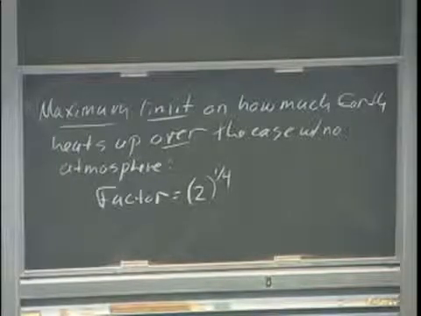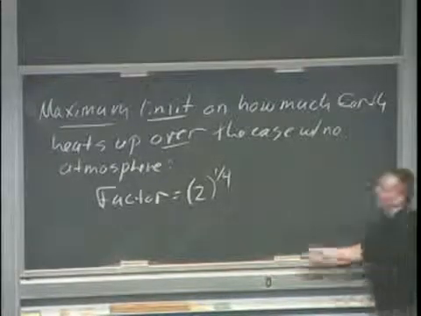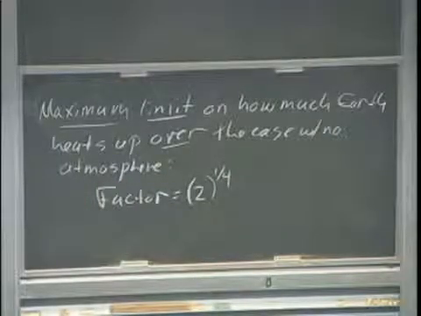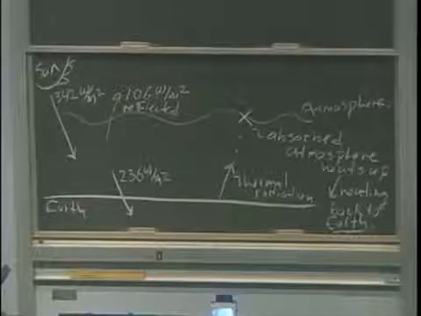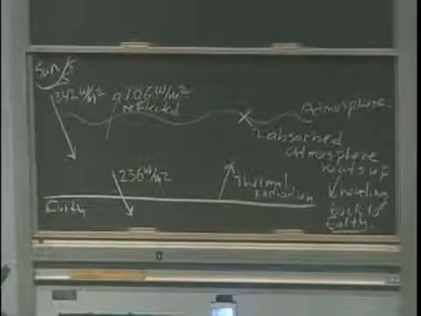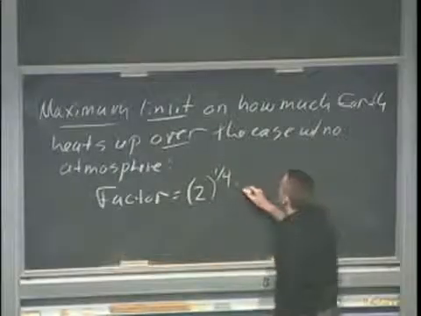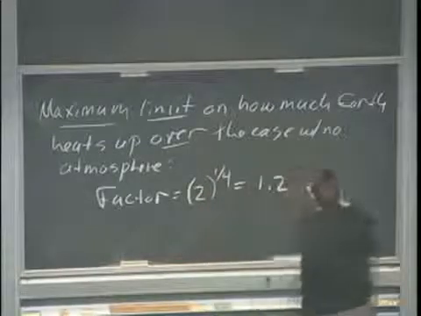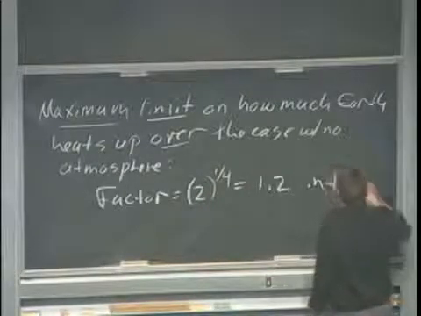Extremely simple prediction. That just comes from these temperatures, the radiation going as the temperature to the 4th power. So when we're inverting the equations, we get this factor of 1/4. A factor of 2 to the 1/4 power is equal to about 1.2 in temperature.